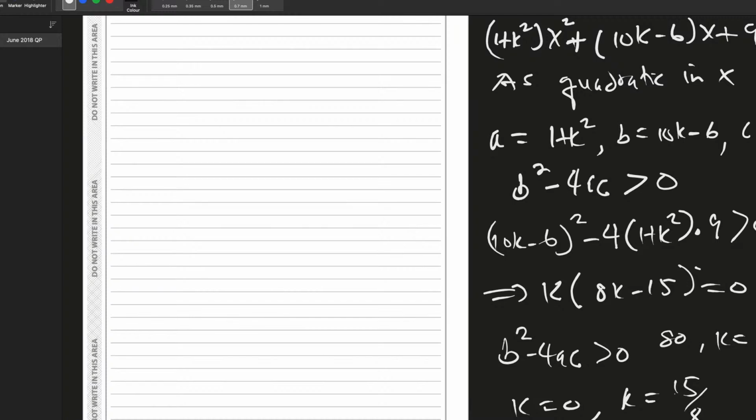So the values as we got over there: k is less than 0, and k greater than 15 over 8.